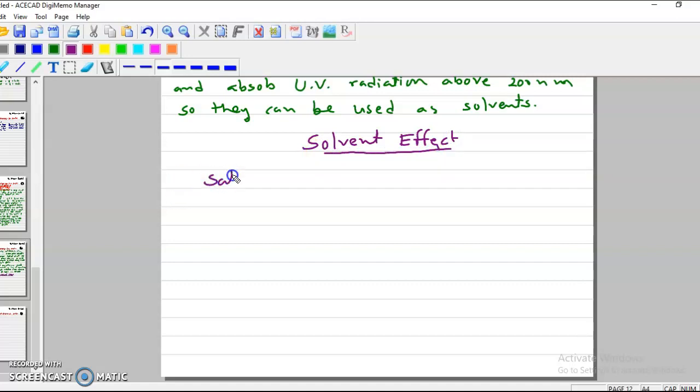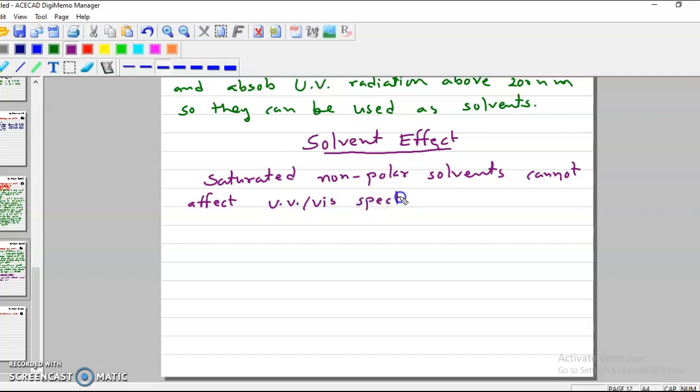Normally saturated non-polar solvents cannot affect UV visible spectra of organic compound.